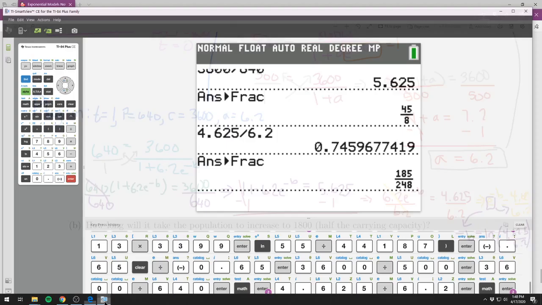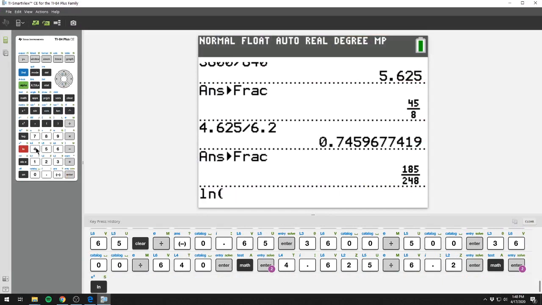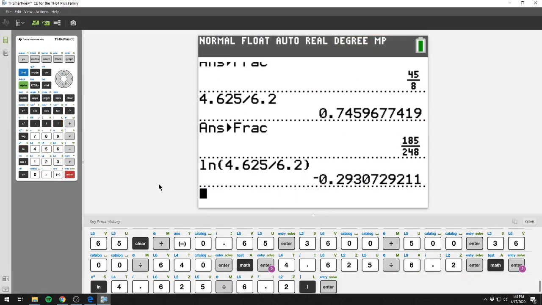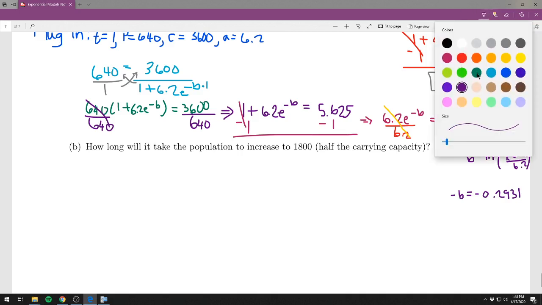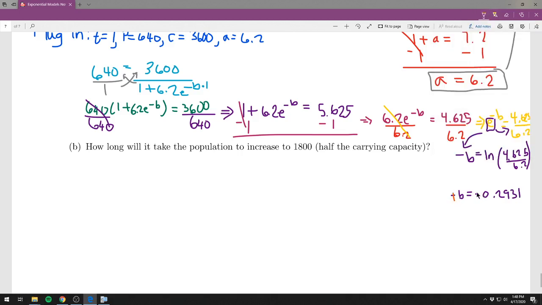So we type in the natural log of 4.625 divided by 6.2. We get negative 0.2931. So negative b equals negative 0.2931. And to get b, we can just knock the negatives off of each other. So b equals 0.2931. Clearly didn't leave enough space to do this part on the notes.